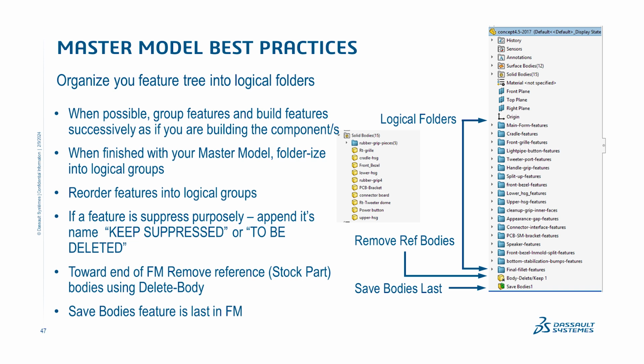And I do a lot of reordering. If there's a feature or a fillet I created way down the tree and it belongs to some features close to the part up at the top of the tree, I'll reorder it.